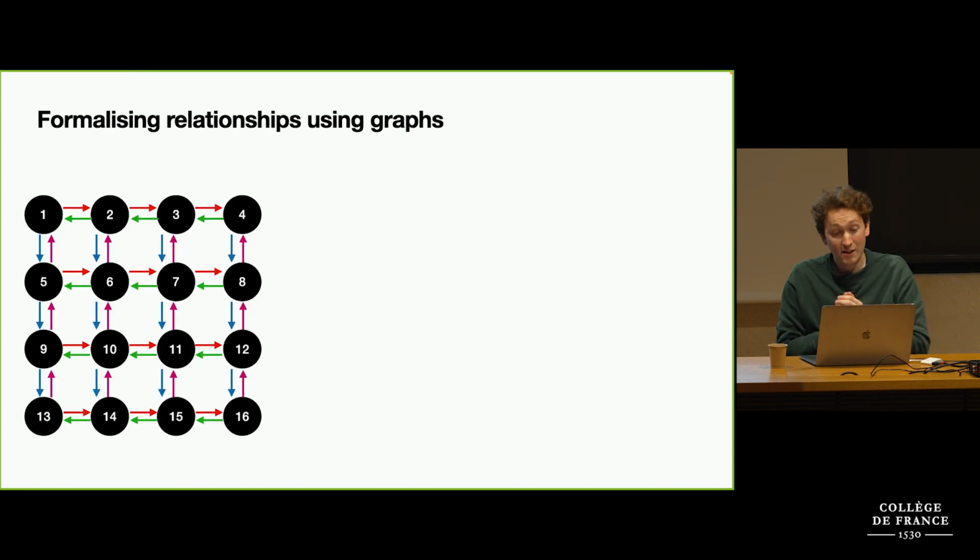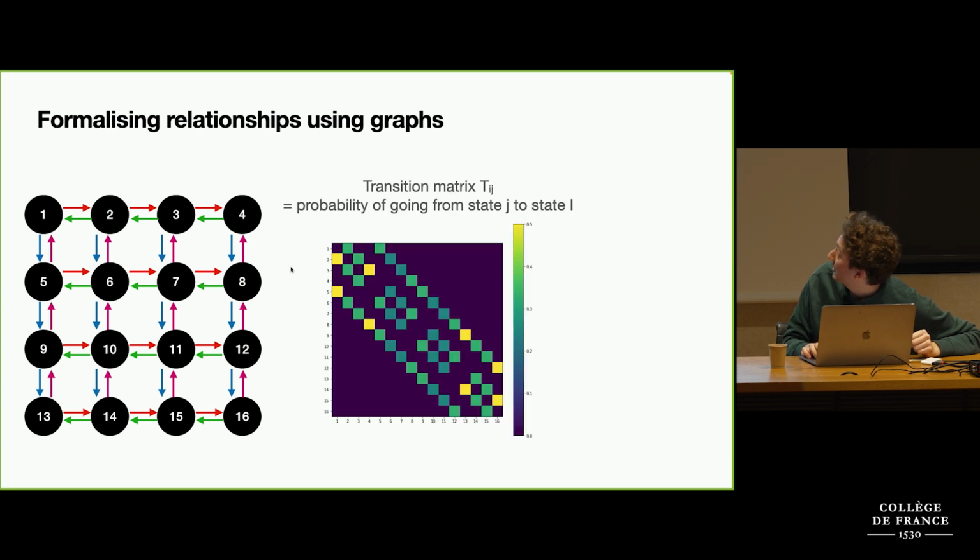The idea is to formalize this with graphs. We're going to forget for now about families and parents and Jane and Bob and so on. We're just going to think about this abstract idea of a thing which is connected in a certain way to other things. This is called a graph, and we can summarize a graph by its matrix of connectivities.